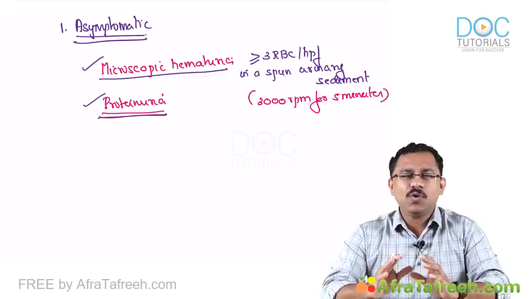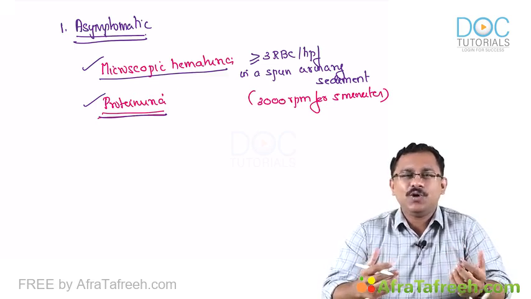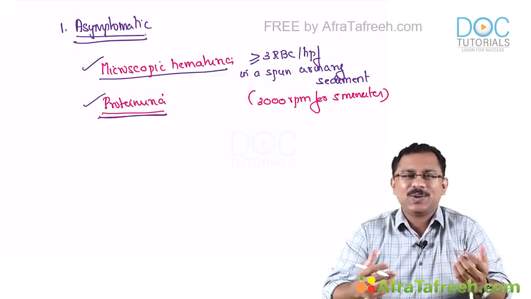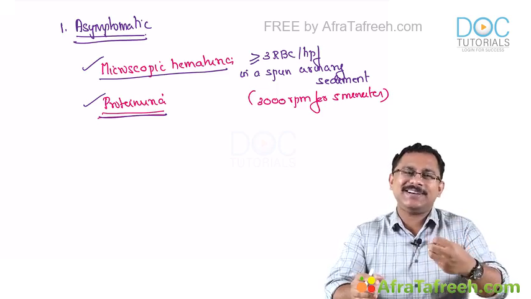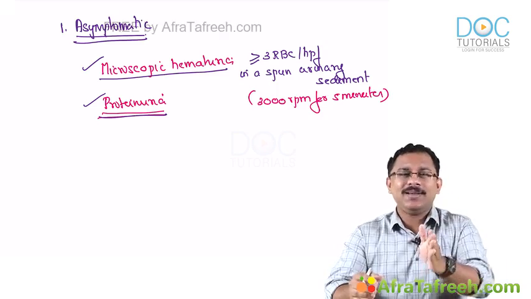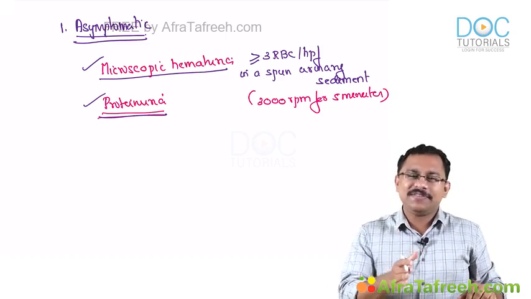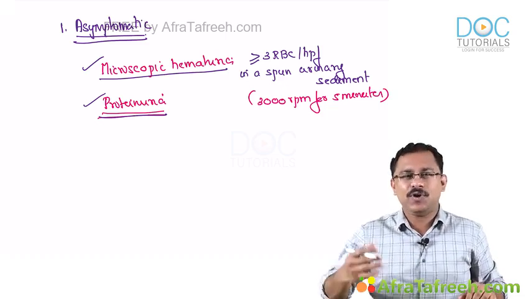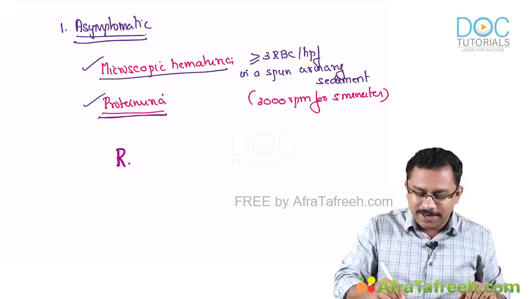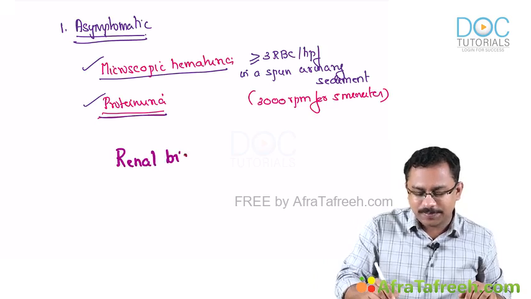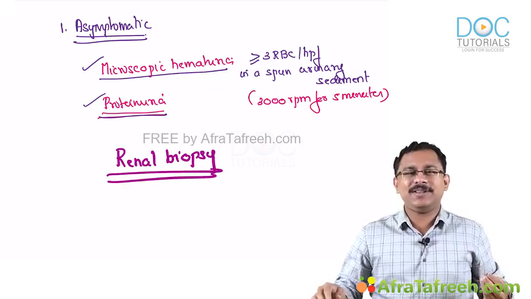Now remember that though the patient is not having any symptoms, this is not a group that you can take lightly, because he is having some problem, and yes, he has not manifested the disease as of now, but in due course he is likely to manifest. So you have got to work up the patient. Yes, you will have to go for a renal biopsy also in this particular patient, though they may not be willing first of all for the renal biopsy.